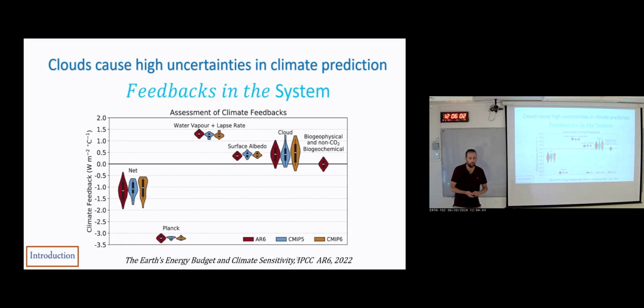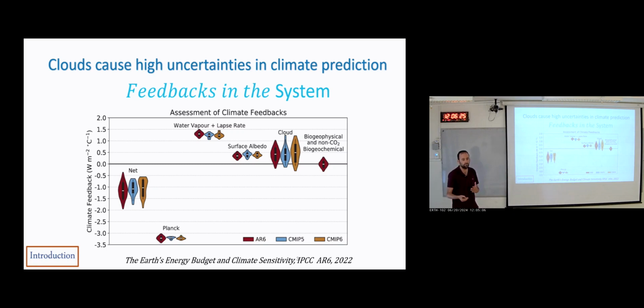So for a start, why do we care about clouds and Cumulus clouds and mixing? This is the latest IPCC report, where we see all kinds of leading feedbacks to the system. We know we have a radiative forcing on the system. We increase aerosols, we decrease aerosols, most importantly we increase greenhouse gases, which cause a warming.